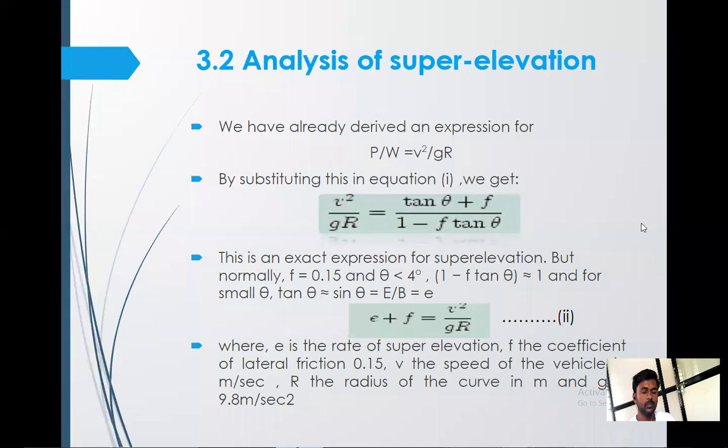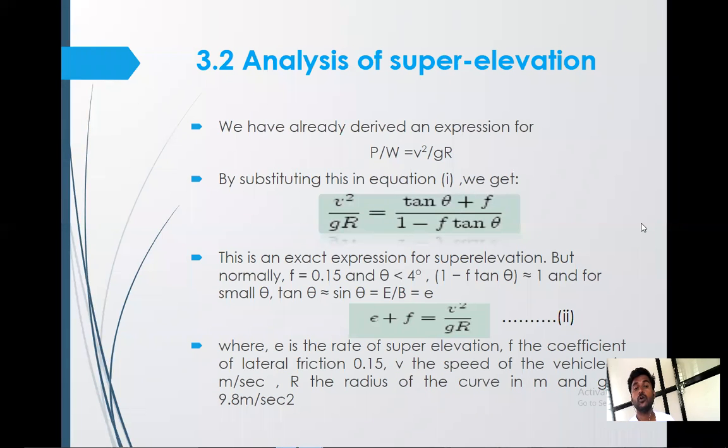But in some cases there is a condition such that f, the friction, is equal to 0, and in some cases there might be the chance of e being equal to 0. Suppose we have not provided super elevation e, that is e = 0.